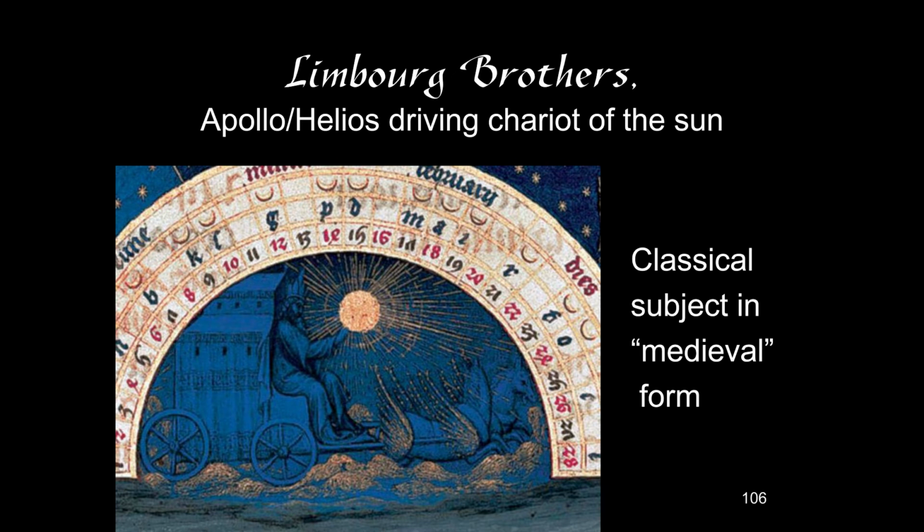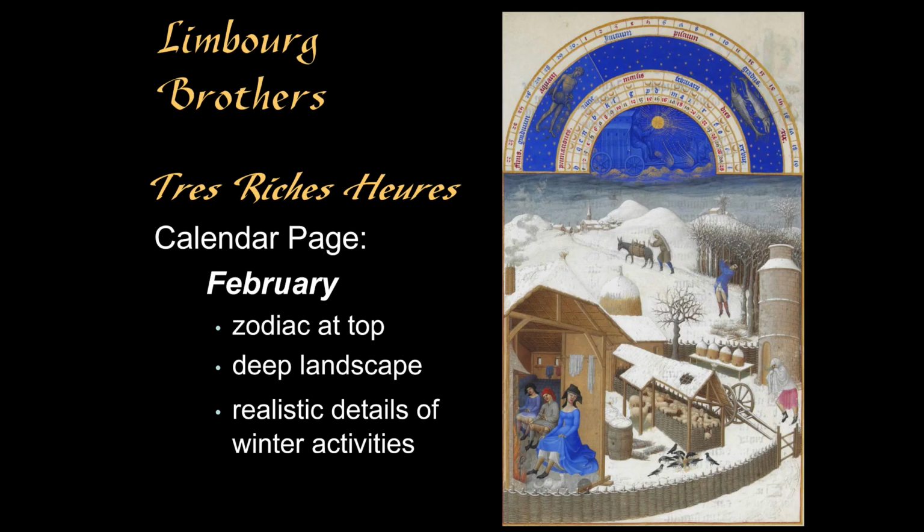And they show muscular, nude figures. And so this is when Panofsky says that we combine classical form and classical subject. Sometimes, though, we see them with what you might call a medieval form or a contemporary form or conception, and that's what we're seeing here.